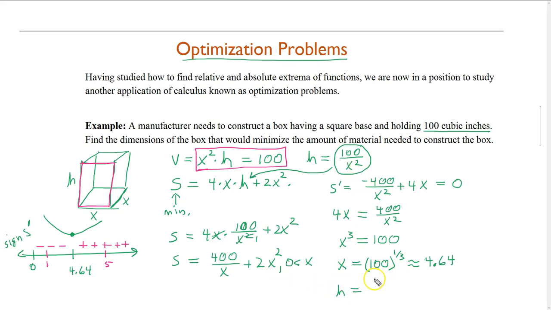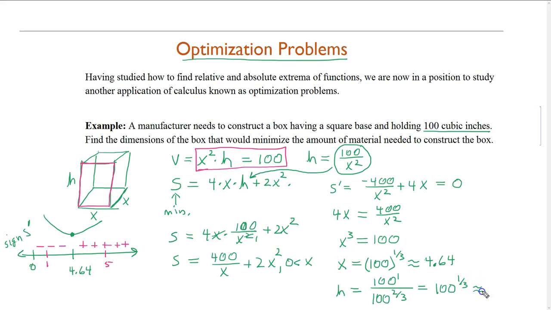So now solving for h, h would be 100 divided by 100 to the 1/3 power squared. That's going to be 100 to the 2/3 power. And using our rules for exponents, this is going to be 100 to the 1 minus 2/3, and that is 1/3 as well. So we see that our height is the same as the dimensions of our base.